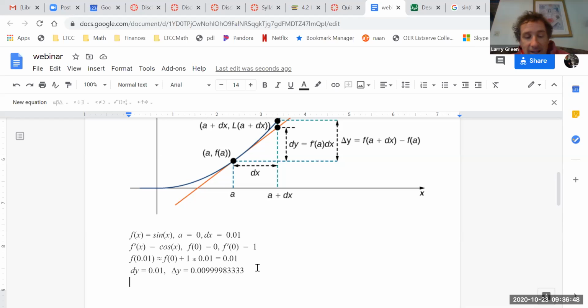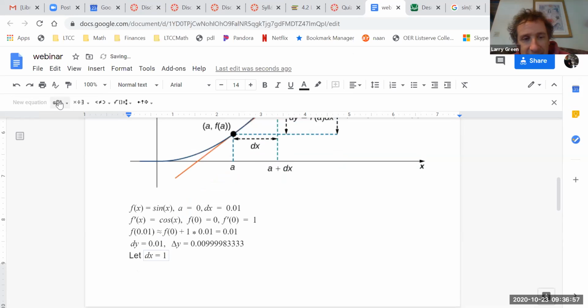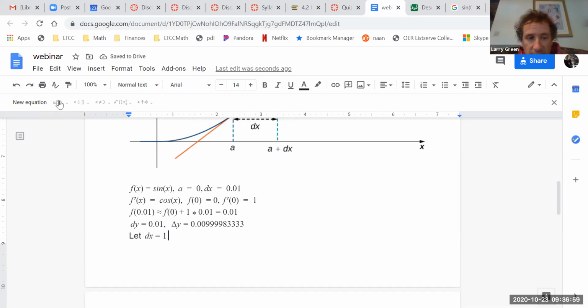So now let's think about, let dx equals 1. It's going to change a lot. Okay. Calculus isn't going to change at all. So if dx is 1, we can recompute some of these things.